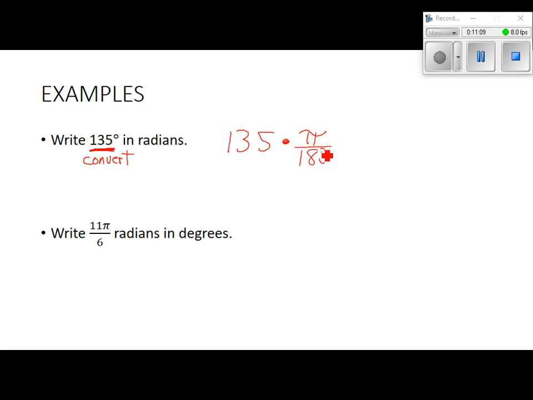Now again, if we're writing things in radians, we probably don't want to just grab our calculator and give the decimal answer. Sometimes you may, but here what we're going to do, you just multiply this number times the top, which is pi, so you get 135 pi over 180.